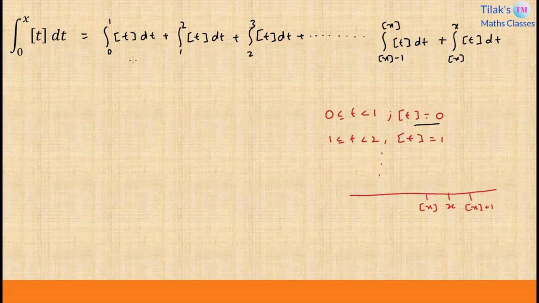Now, we will replace each of these greatest integer functions with their values. So, this is equal to integral 0 to 1 0 dt plus integral 1 to 2 1 dt plus integral 2 to 3 2 dt plus so on. What is the value of this greatest integer function here?